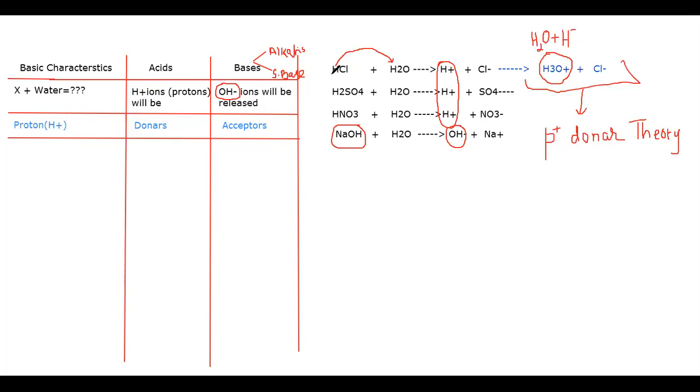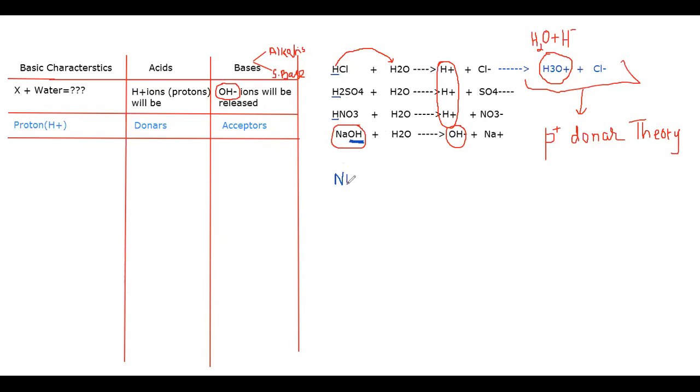In each acid you may find hydrogen. But in the case of bases, bases are basically the oxides or hydroxides. Usually the bases keep the OH negative ion.